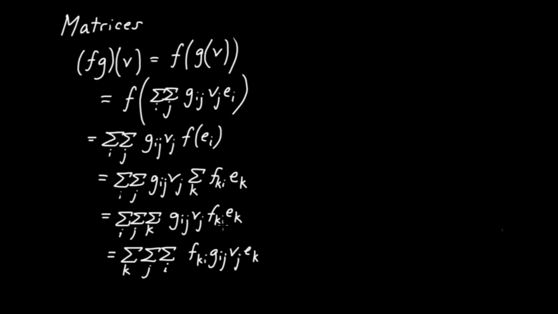Now, this is also in the right form, as we have been saying before. We have a double sum of some scalar, and the right scalar is actually going to be confined by those parentheses there, times v sub j times e sub k. Except the letters are slightly flipped, but the letters don't really matter. So let me move this up here. This is going to be the sum over the i's of f_ki g_ij.